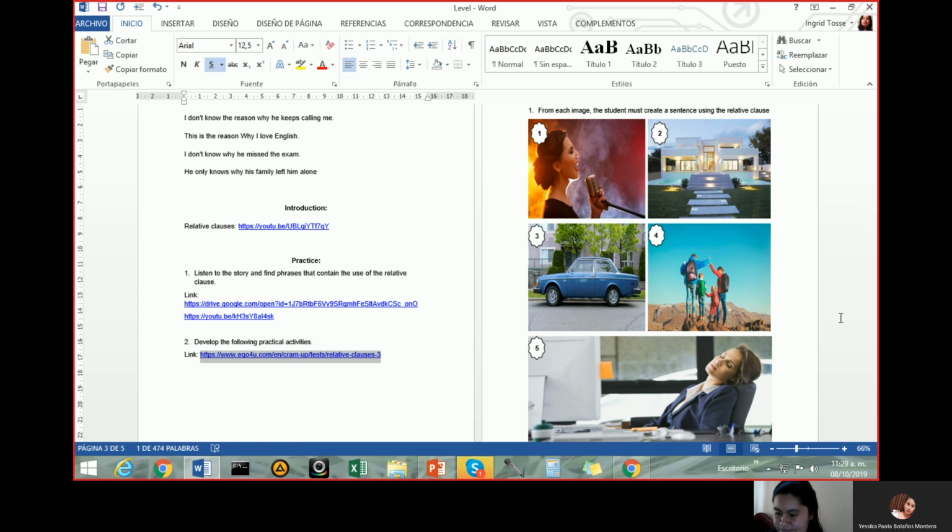Okay, teacher. How many times do you need? How many times do you need to create this sentence? Because I need that you create one sentence for each image. ¿Cuántas? One for each one.